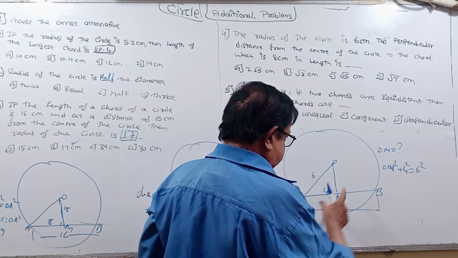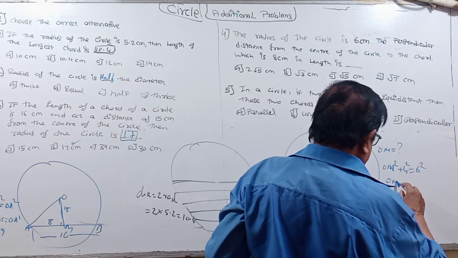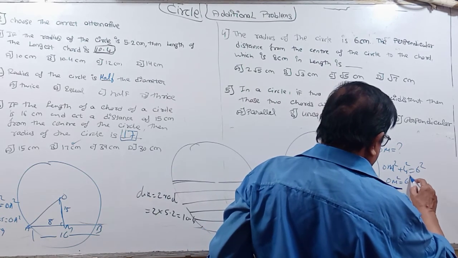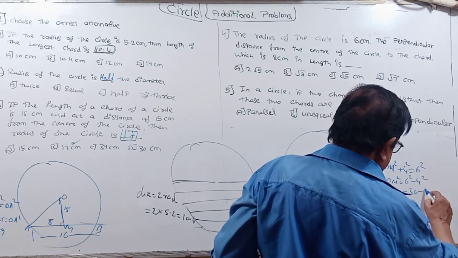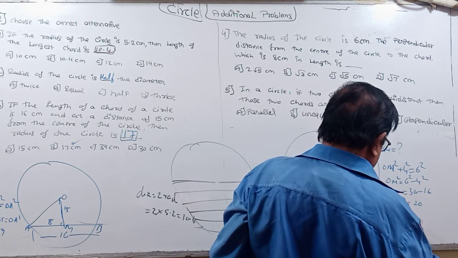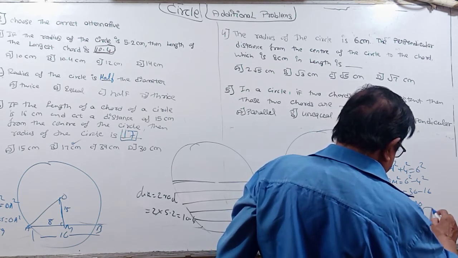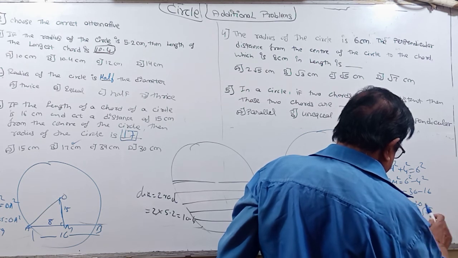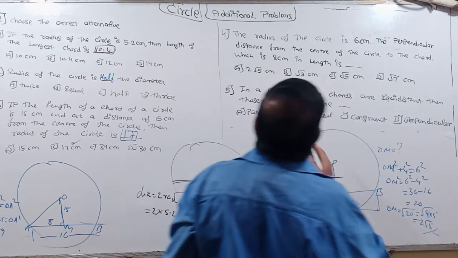Therefore OM square equals 6 square minus 4 square, 36 minus 16 equals 20. Therefore OM equals root 20 equals root of 4 into 5, so 2 root 5 is the answer.